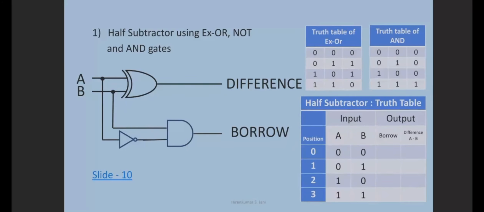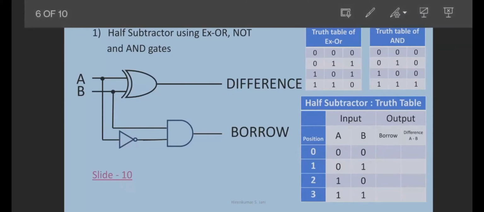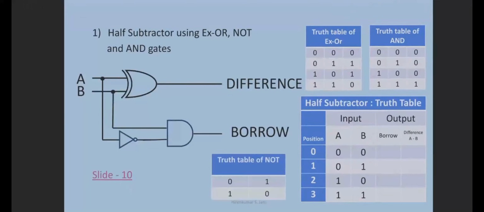For the AND gate, we will have 1 only when both the inputs are 1. Otherwise, the result is 0. For the NOT gate, we have input 0, the result is 1, and input 1, the result is 0.